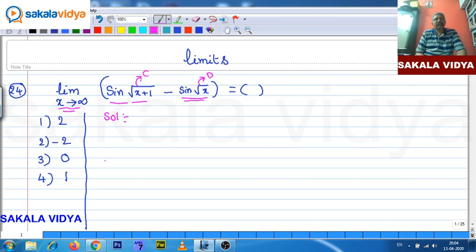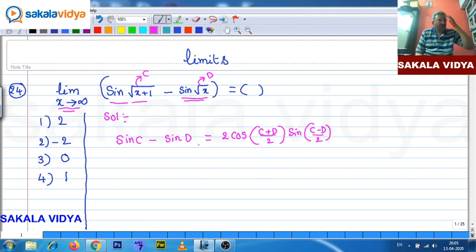What is the sin c minus sin d formula? Sin c minus sin d equals 2 cos of c plus d by 2 and sine of c minus d by 2. Am I correct?